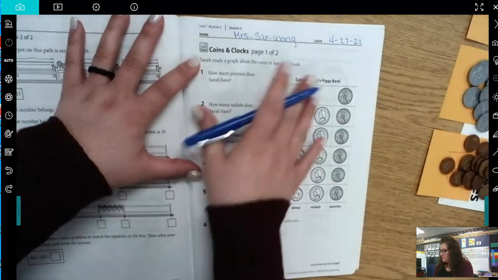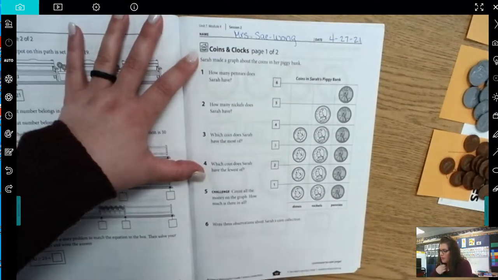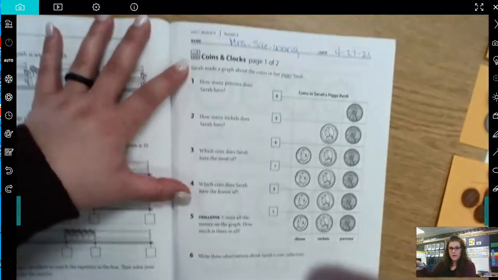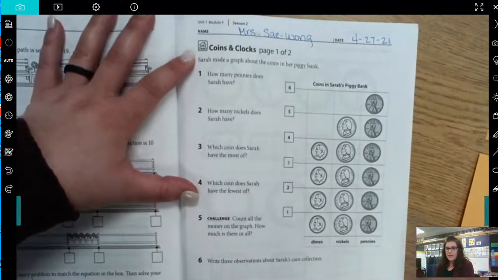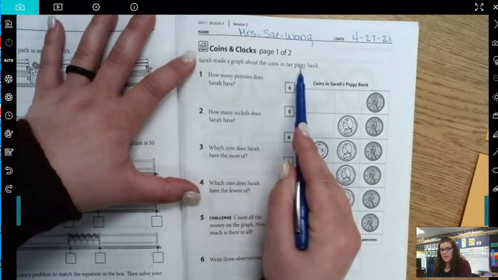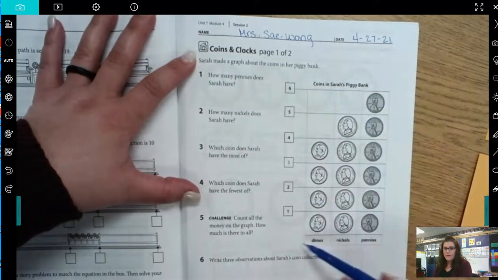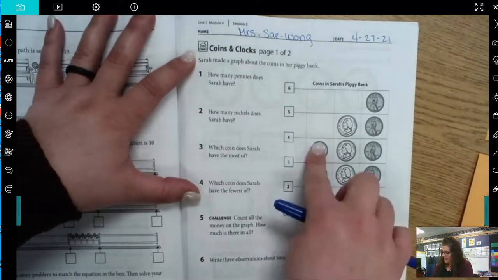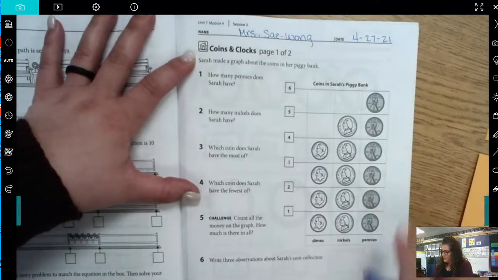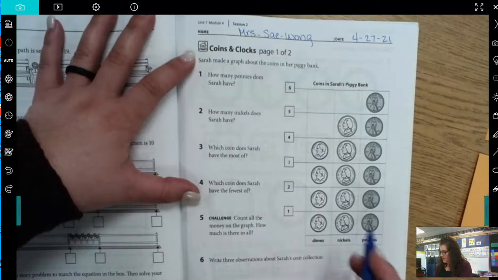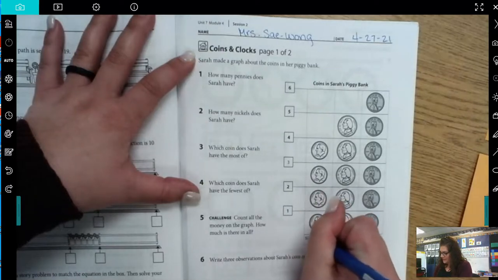Okay, so on page 117, we are going to answer some questions about Sarah's coin collection. It says, Sarah made a graph about the coins in her piggy bank. So here is the graph of Sarah's piggy bank. We have the dimes, nickels, and pennies. So remember, one more time, our dimes are worth 10 cents.